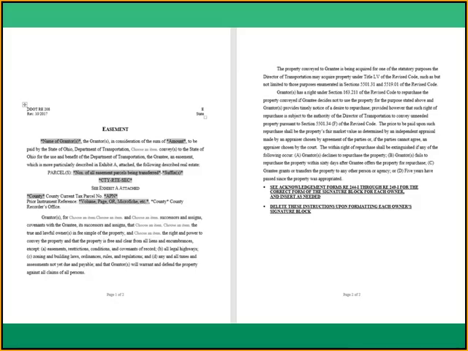So what we're looking at right now is the actual easement document that's going to be used to acquire the property from the Ribes.